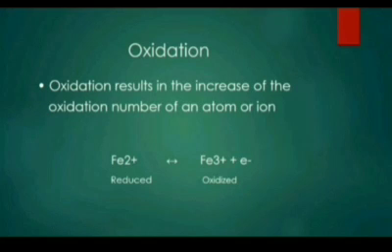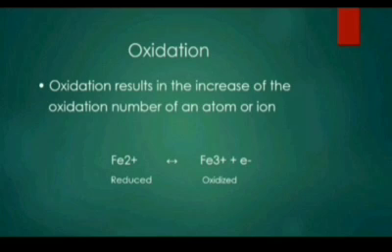The substance, atom or ion which is reduced itself by gaining electrons is also called an oxidizing agent. Non-metals are basically oxidizing agents because they accept electrons and become more electronegative. Oxidation therefore results in an increase of the oxidation number of an atom or ion.